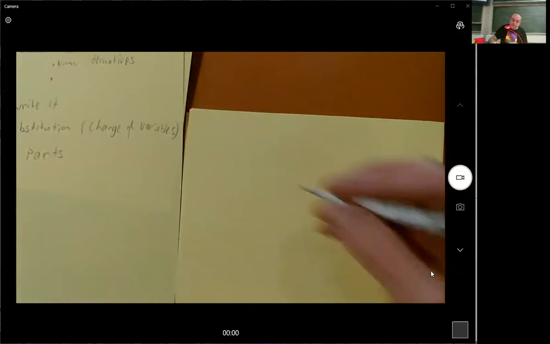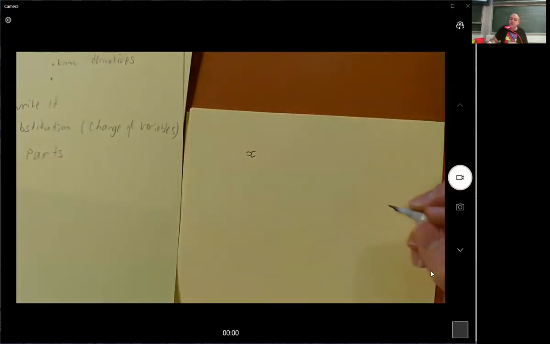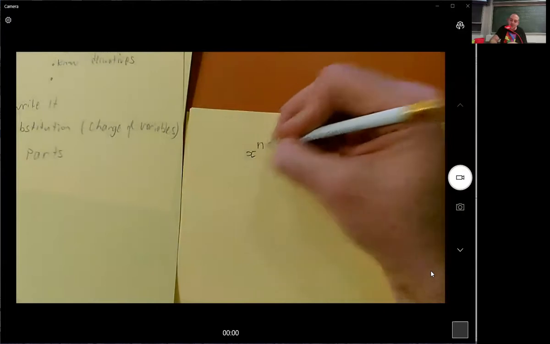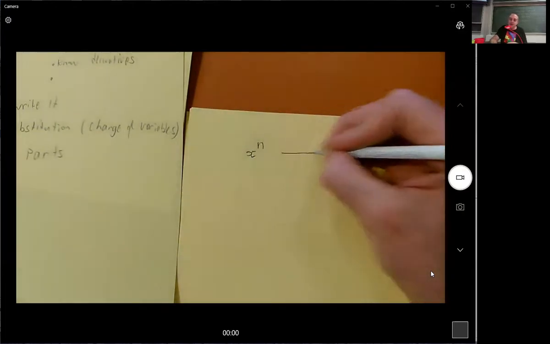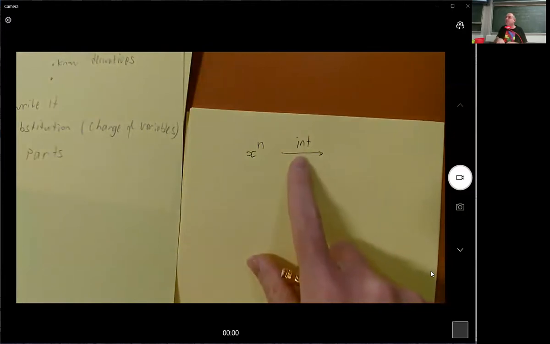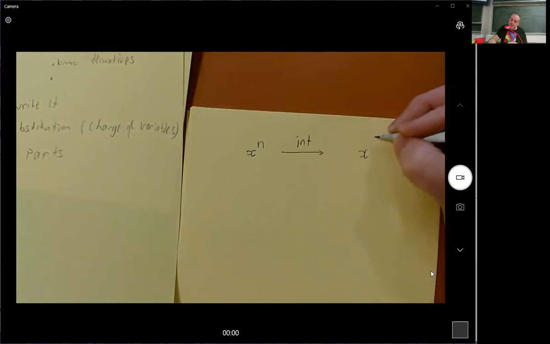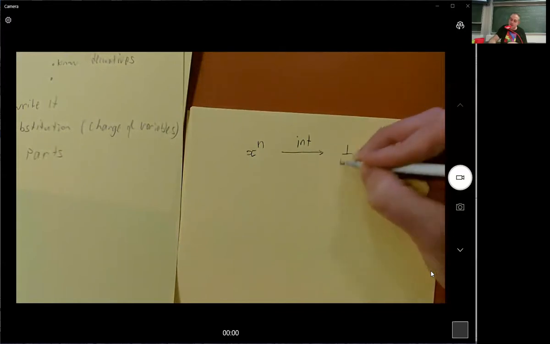As far as I can tell, tell me if I'm wrong, if you have x to the power of some number, then when you integrate it, I'm not going to write integral signs, I'm just going to write int, you add 1 to the exponent and divide by the new exponent.